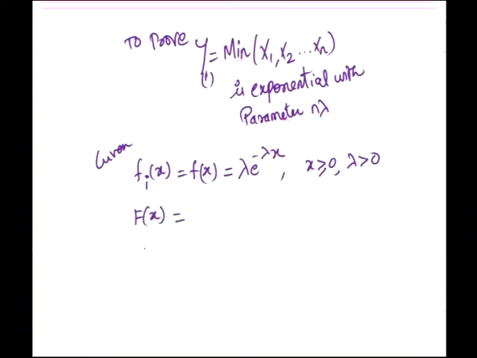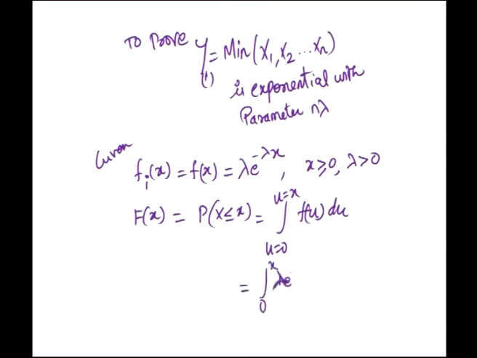Capital F of x is CDF of x, which is P of X less than or equal to x, which is integral u is equal to 0 to u is equal to x f of u du, which is integral 0 to x lambda e power minus lambda u du. Then integrating we get 1 minus e power minus lambda x after substituting here. Okay, this is capital F of x.